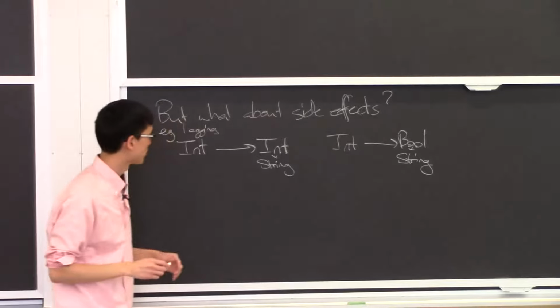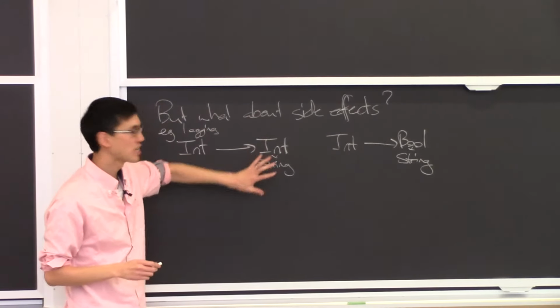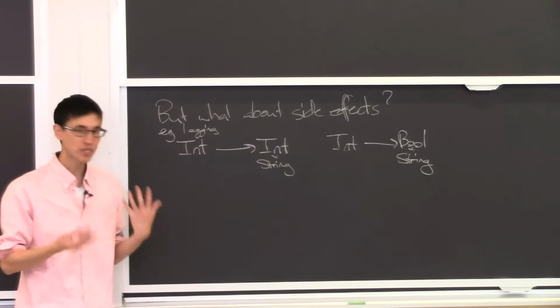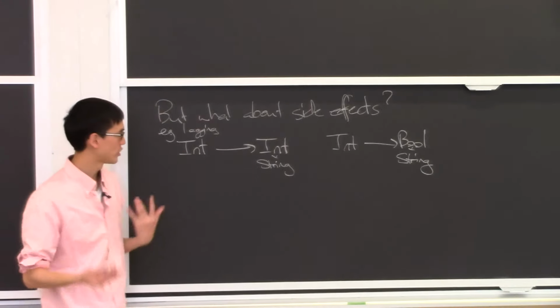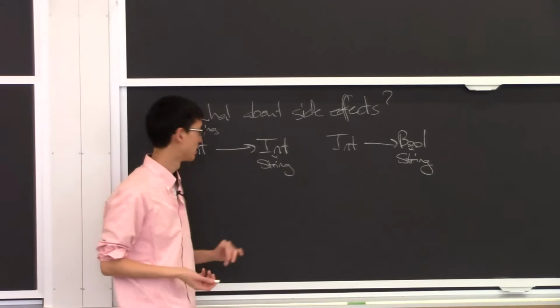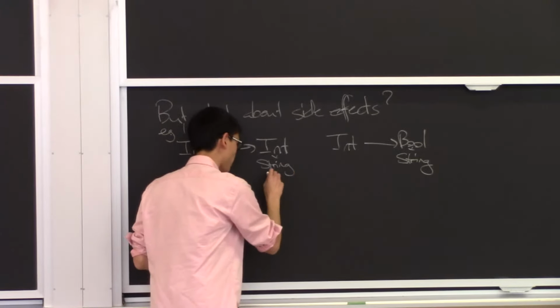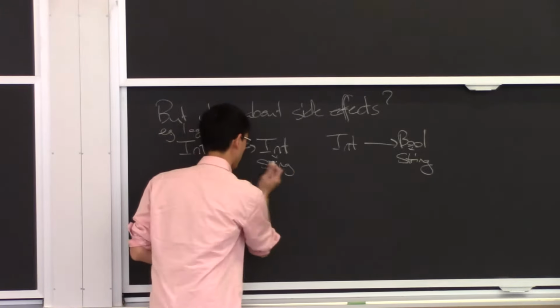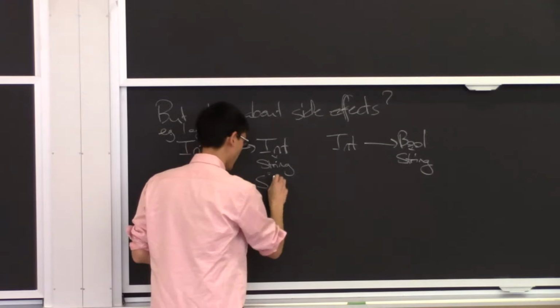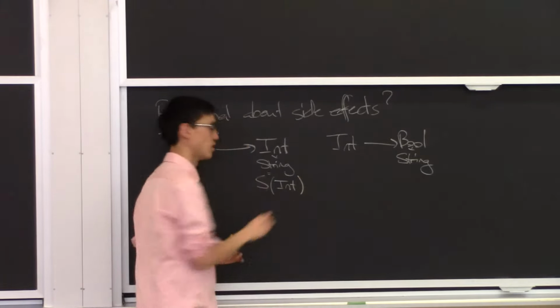So one way to think about what's going on is that this int times string thing is a really nicely structured thing. David introduced it last week as a functor, right? So we'll call the functor S, for int times string. And this type is S int, right?